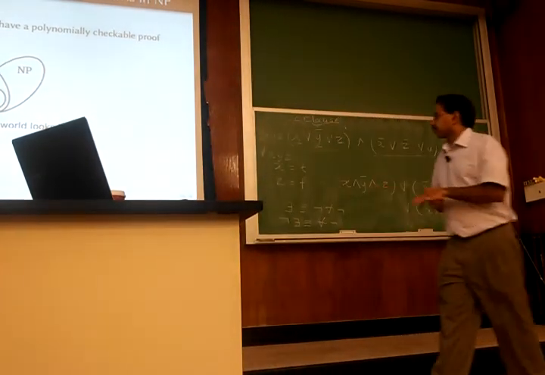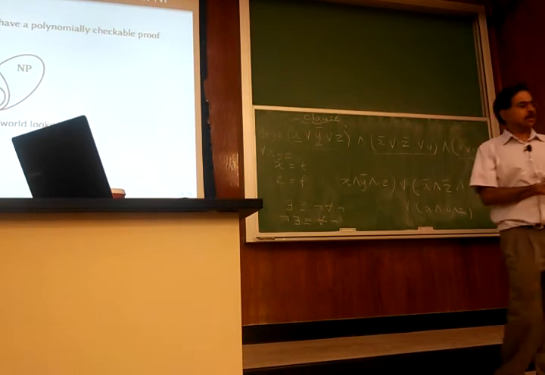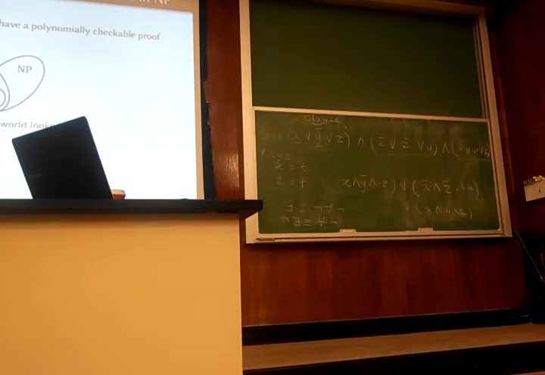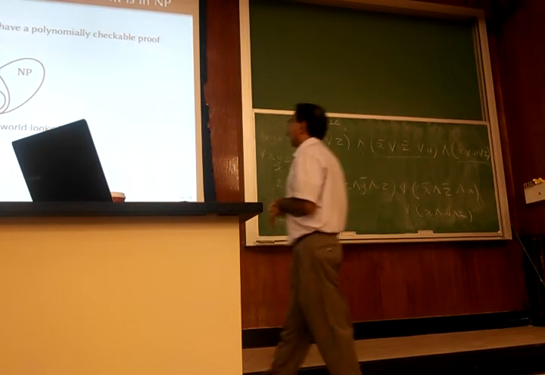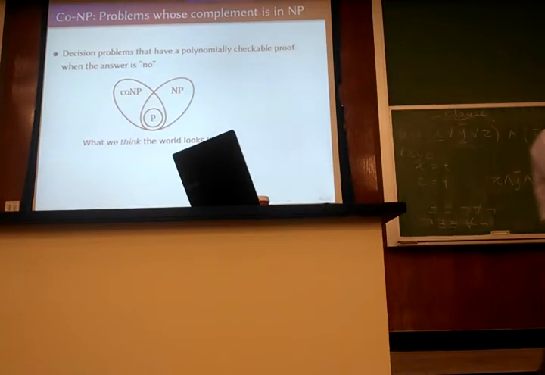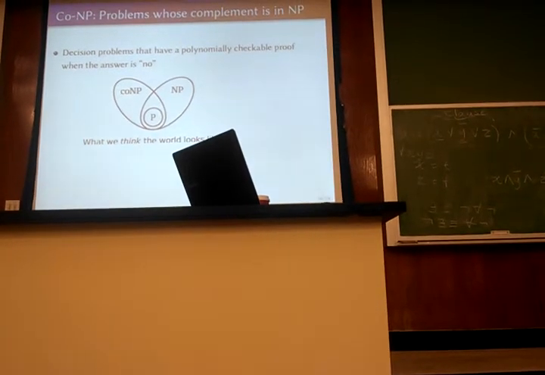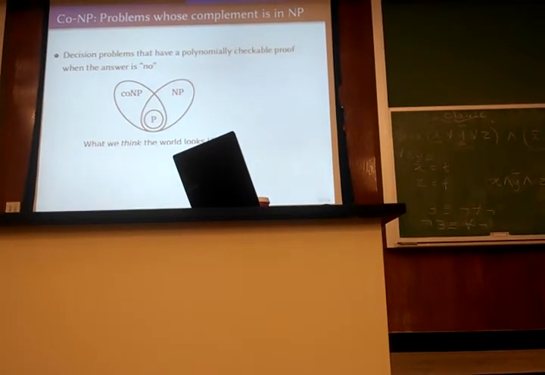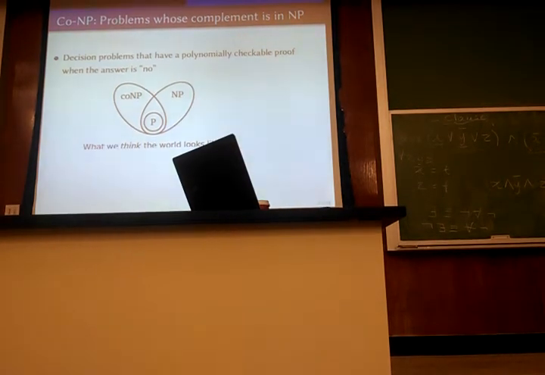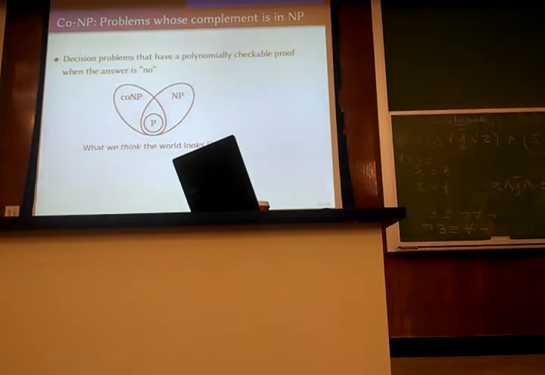Okay, so because we talk about this original problem and the negated problem, that brings us the notion of co-NP, which stands for complement of NP problems. Okay, so if a problem is in NP, then the complement of the problem is going to be in co-NP.